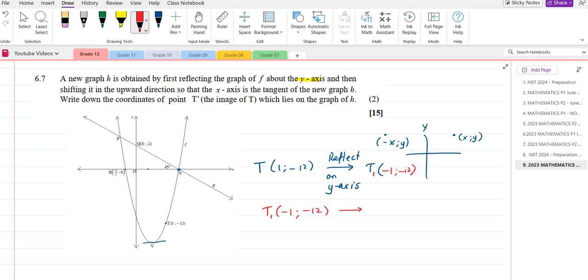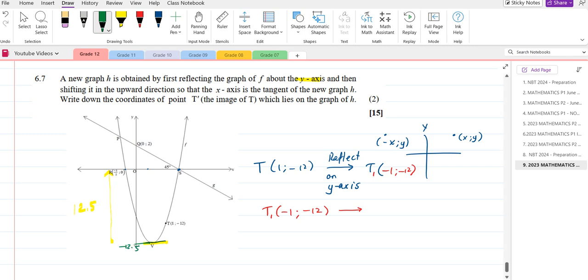Now we are taking this point and the graph, remember point V is here, so you're shifting it so the x-axis is the tangent. You're shifting it by 12.5 upwards because that's the minimum value, right? So the value at this point was minus 12.5.